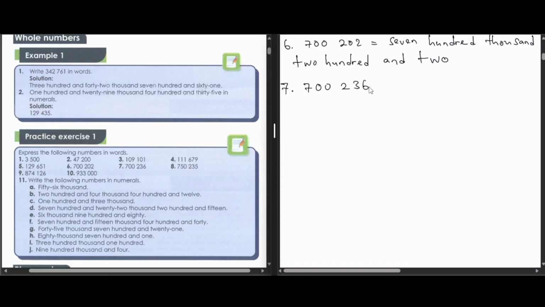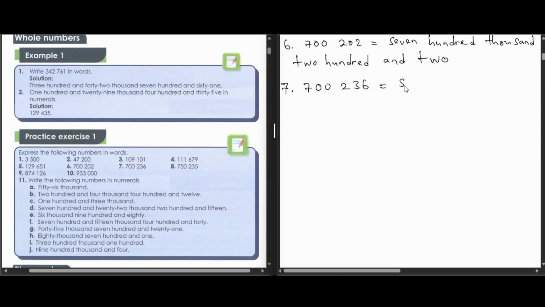Number 6 yakati 700,202. So 700,202 inonyorwa so 700,000 totonyora 200 and 2 seizvi. Ndiyo number 7. It's actually number 6. Number 7 yakati 700,236.